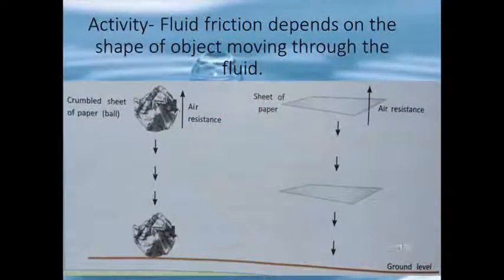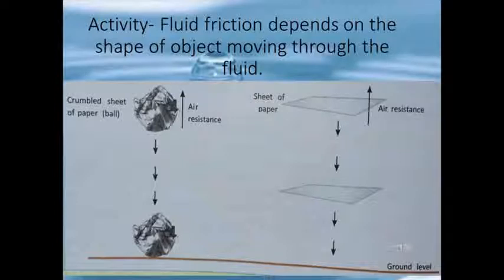Now discuss an activity which shows that fluid friction depends on the shape of the object moving through the fluid. For this activity, we will take, say, two sheets of the same size, that is the same length and breadth, and of the same material. We convert one sheet of paper into a ball shape and keep the other as a plain sheet.